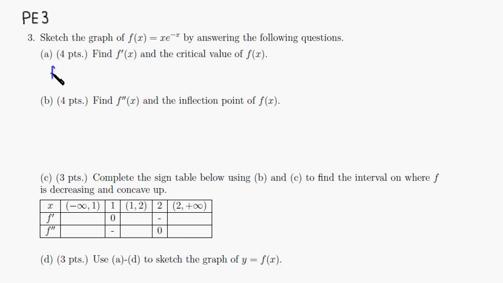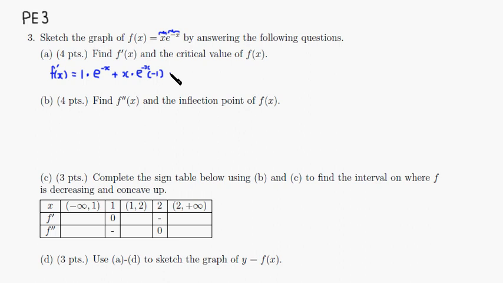So f prime of x is equal to... You have two things multiplied together, so we have to use the product rule. That's the first guy, and that's the second guy. The derivative of the first guy is 1 times the second, e to the negative x, plus the first guy, x, times the derivative of the second, e to the negative x times the derivative of negative x, which is negative 1.